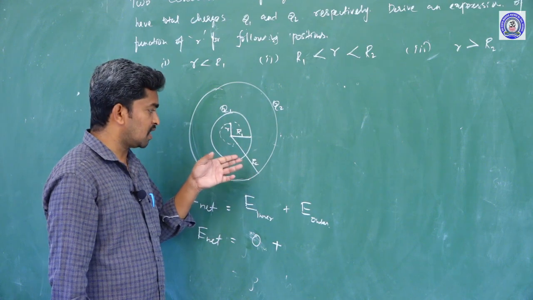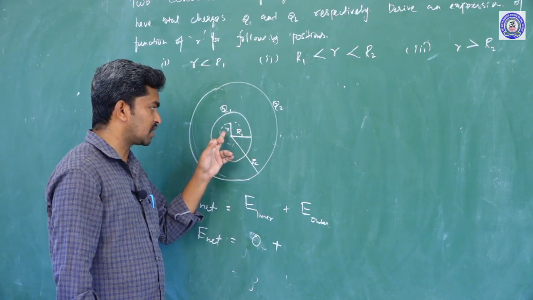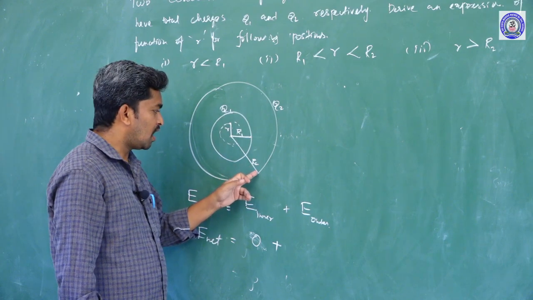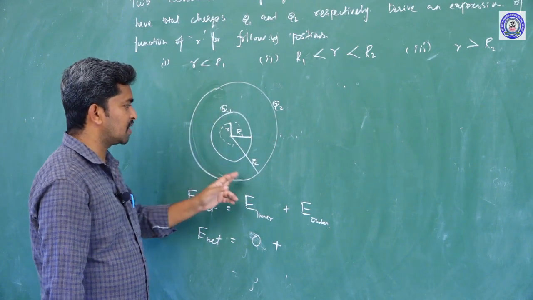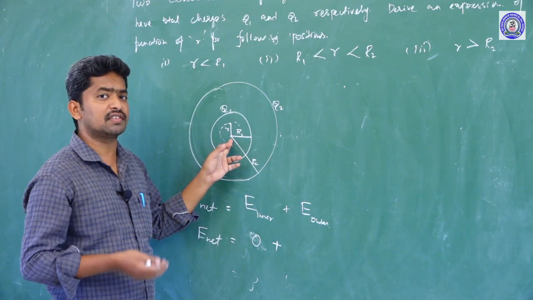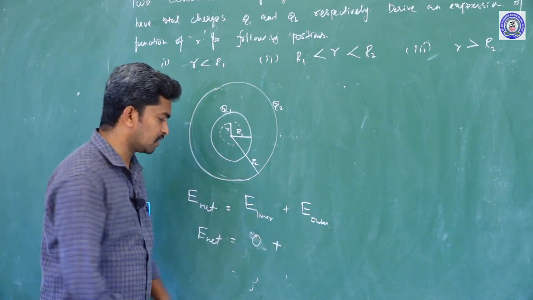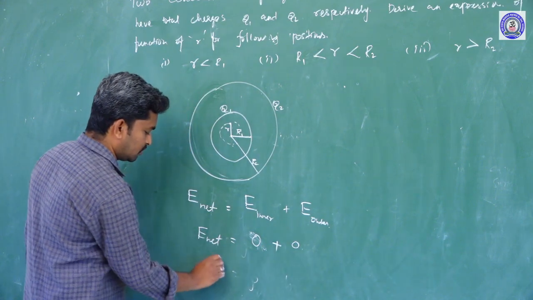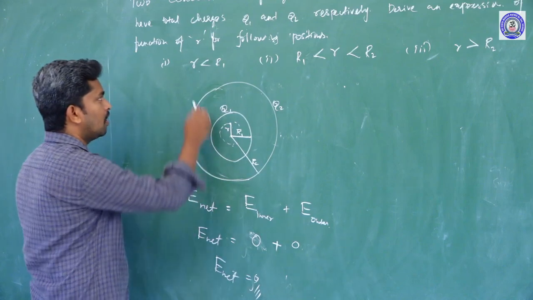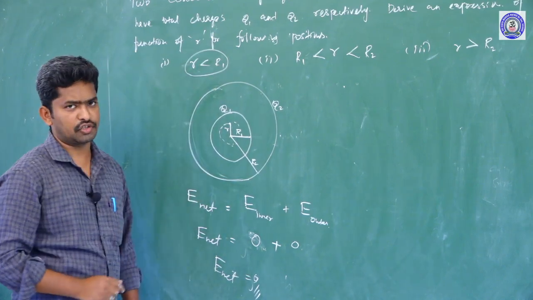The point is also inside the outer sphere of radius r2, net charge inside is 0, so the electric field is also 0. So, the net electric field is equal to 0 for the condition r less than r1.